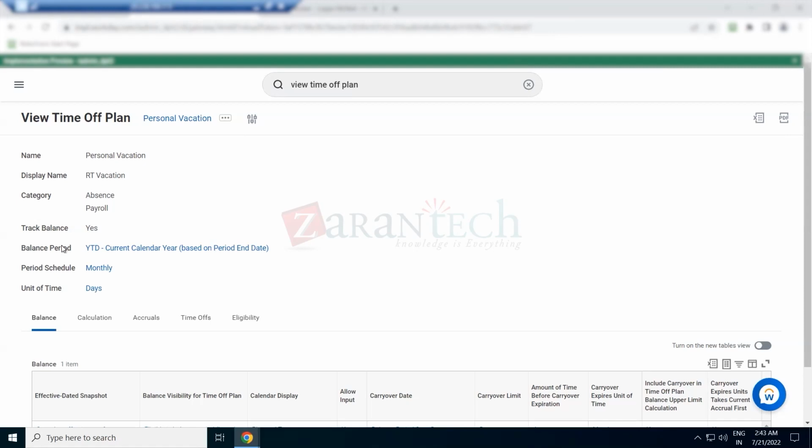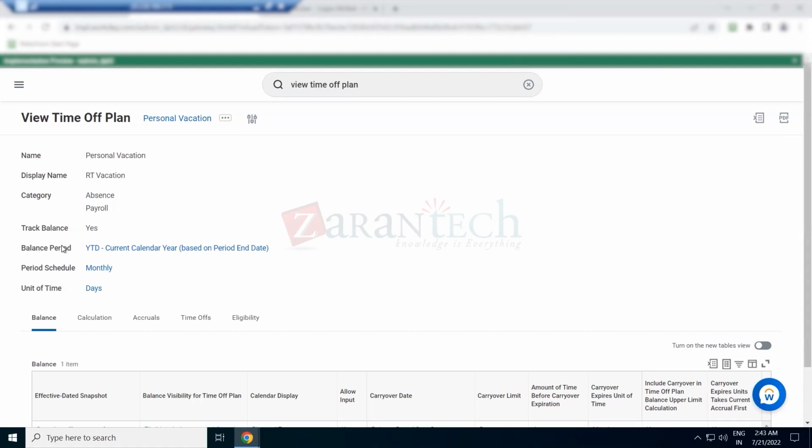If they are entitled to get monthly, fine. If they're entitled to get bi-weekly, it's fine. But this is the whole fiscal period for the time off plan transactions. People may have monthly, weekly, bi-weekly, semi-monthly, or semi-yearly also.